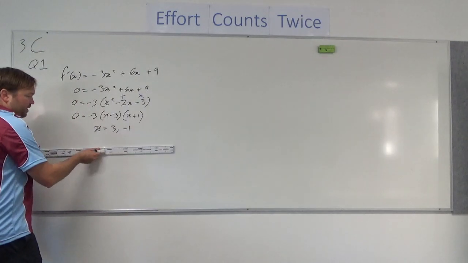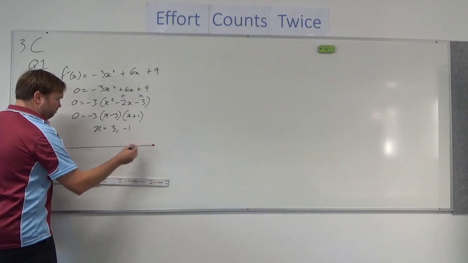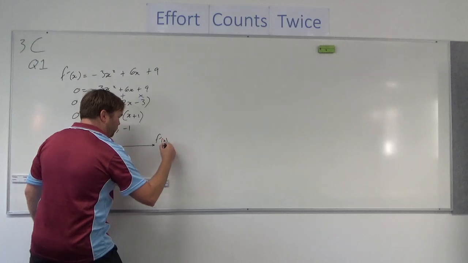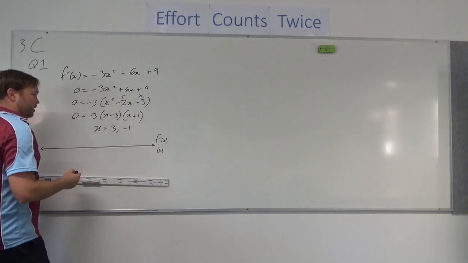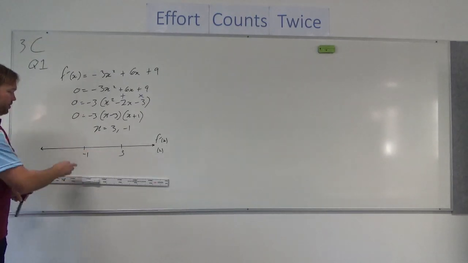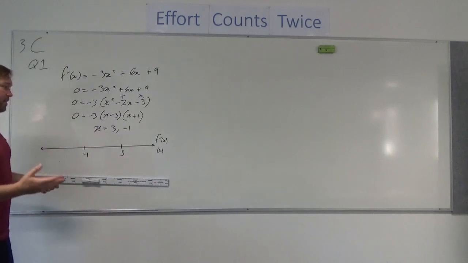And then if we're looking at a sign diagram, minus 1 and 3. We sub into the derivative. Frankly, I would sub into the factorized version just because it's much nicer.